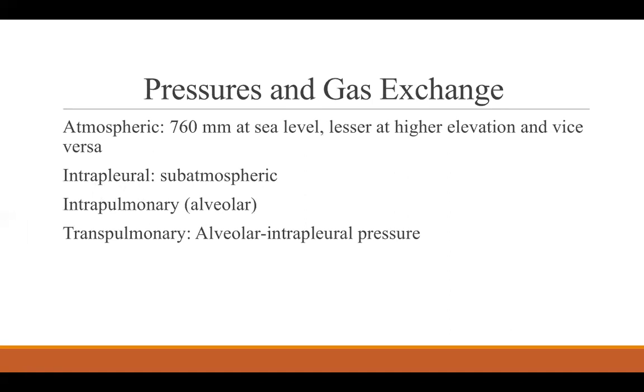It's always going to be subatmospheric. All right. So whenever the muscles contract, volume expands, the intrapleural pressure acts like a suction, vacuum. Now it pulls the lung tissue to expand outwards.